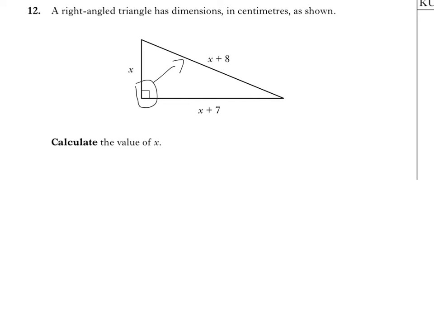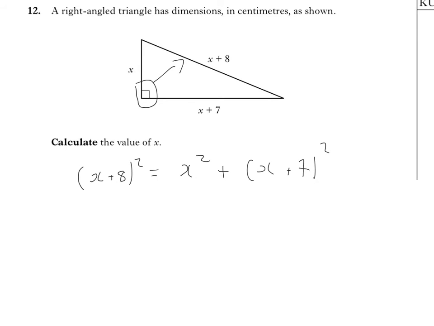Remember for Pythagoras, the square of the hypotenuse is equal to the sum of the square of the other two sides. Just take your time as you're expanding this stuff out.